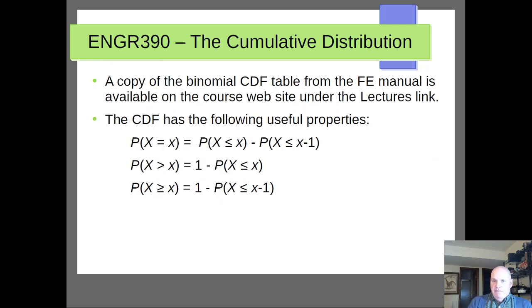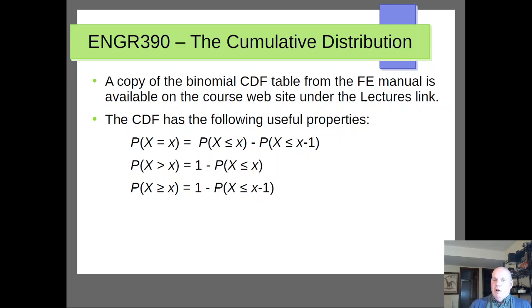The CDF has the following properties. You can use it to determine probabilities, like the probability that x is equal to 4. That's going to be the probability that x is less than or equal to 4 minus the probability that x is less than or equal to 3.